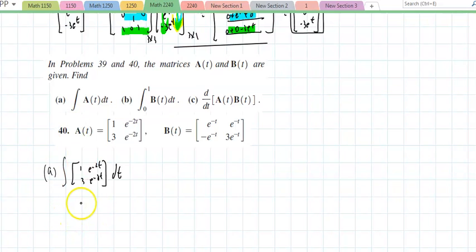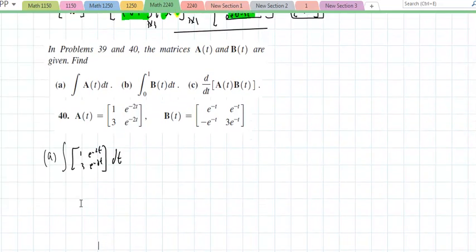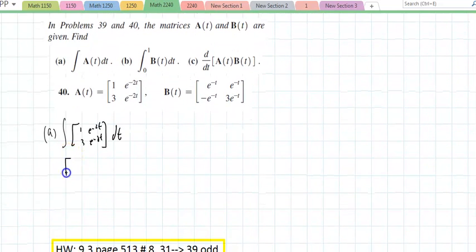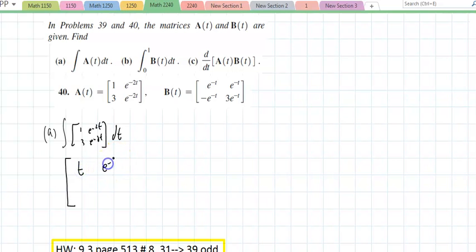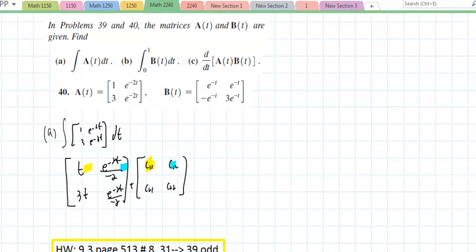So that would be t e to the negative 2t divided by negative 2, 3t e to the negative 2t divided by negative 2, plus c sub 1,1, c sub 1,2, c sub 2,1, and c sub 2,2. If you would like to add those next to those, that's fine. It's the same thing.